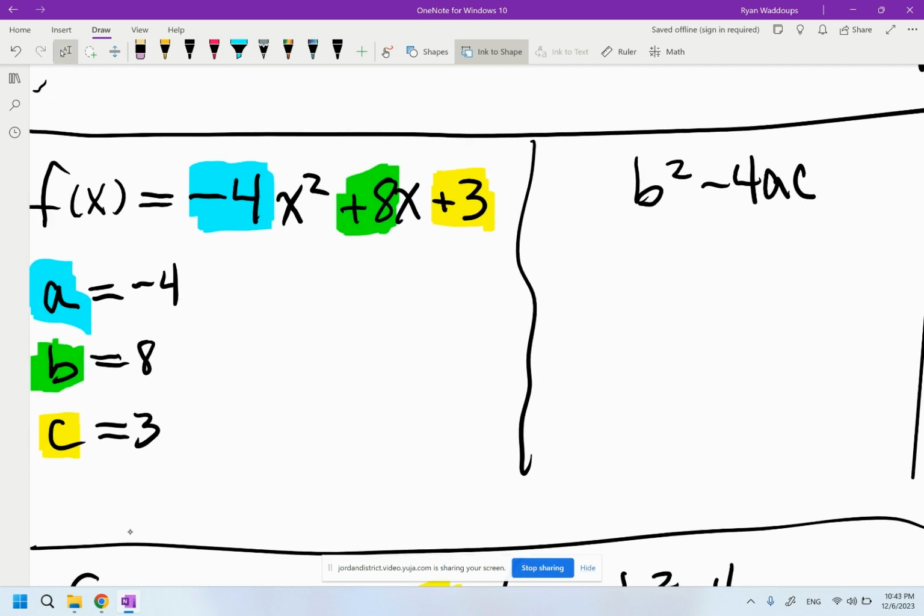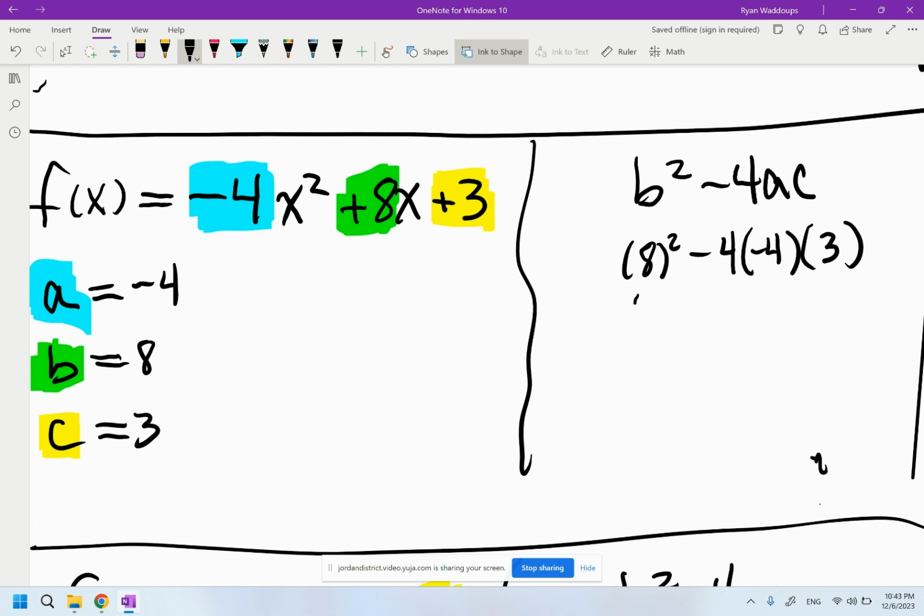B squared, that's 8 squared, minus 4 times A times C. And A is negative 4.